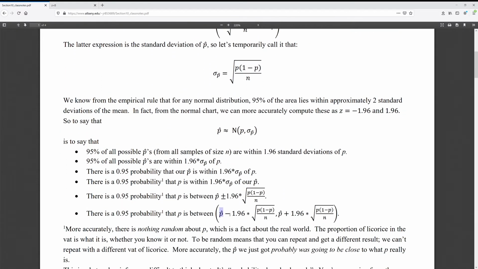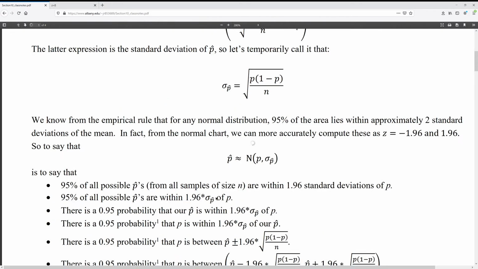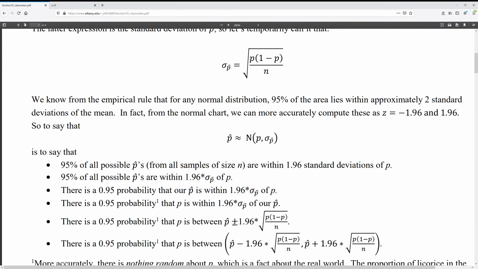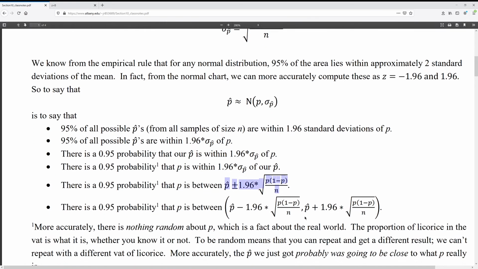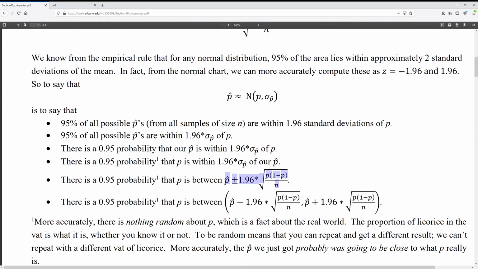And now we'll compute a 95% confidence interval for P. Actually, let's go to this one. It's a little easier to look at. So all we have to do to get a 95% confidence interval for P is fill these blanks.